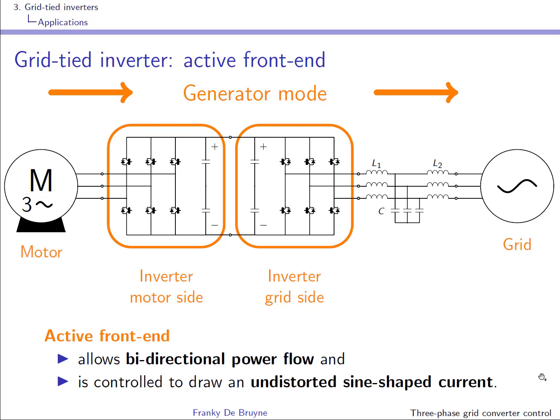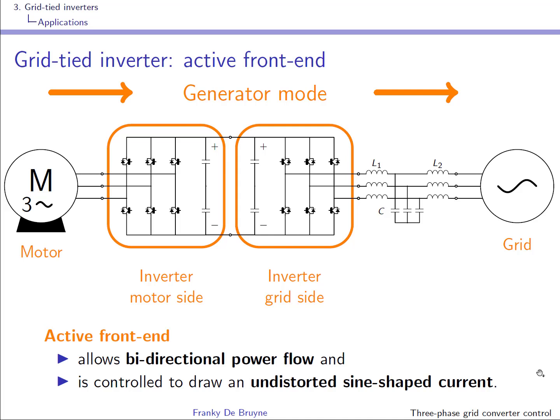Note that the motor can be operated in both directions, and it can be operated in motor mode and generator mode or regeneration mode. This is sometimes called 4-quadrant operation. The alternative to the active front end is to use a rectifier, but if you use a rectifier, the current that will be drawn from the grid will be spiky.